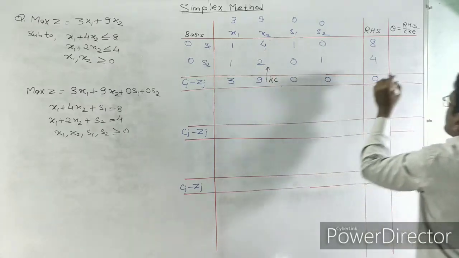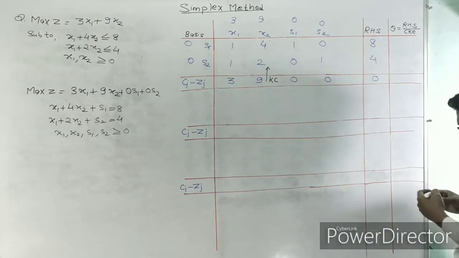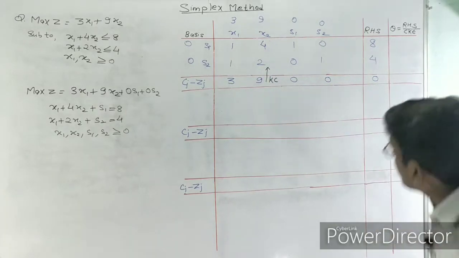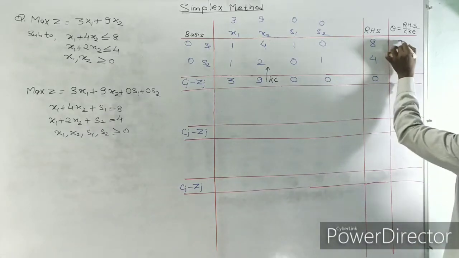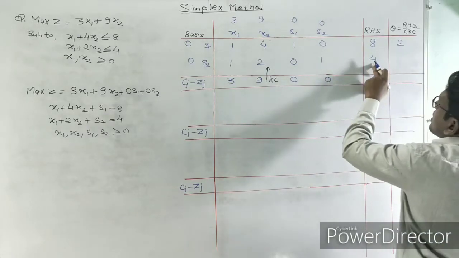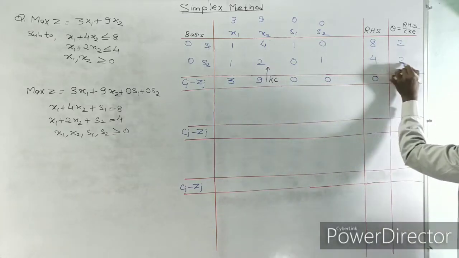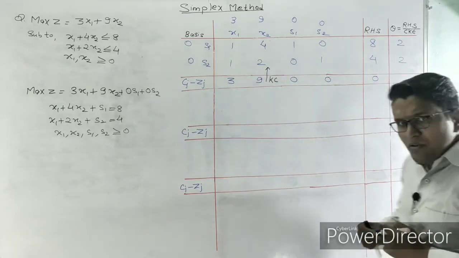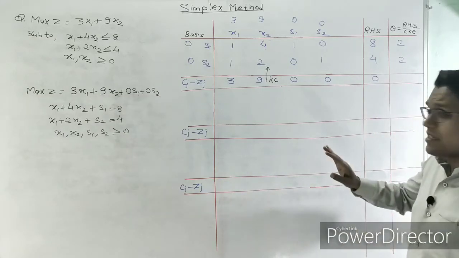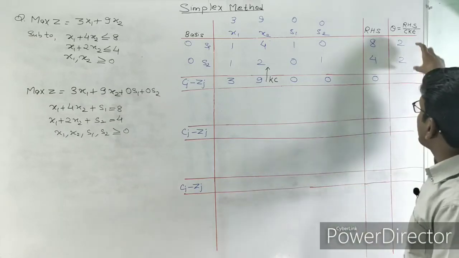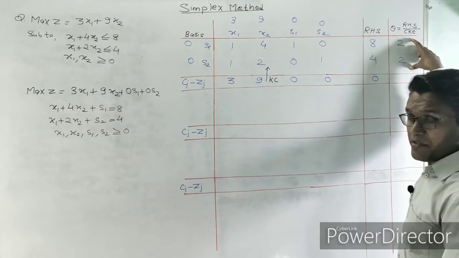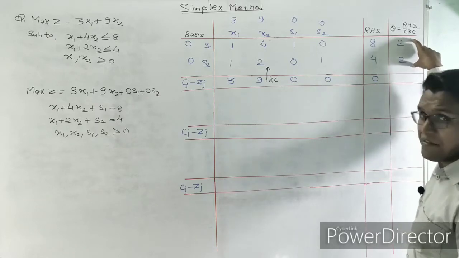So right hand side value is 8, corresponding key column value is 4. 8 by 4 is 2. Similarly, right hand side value is 4, 4 divided by 2 is 2. So now, as we can see here, there is a tie between the two leaving variables.